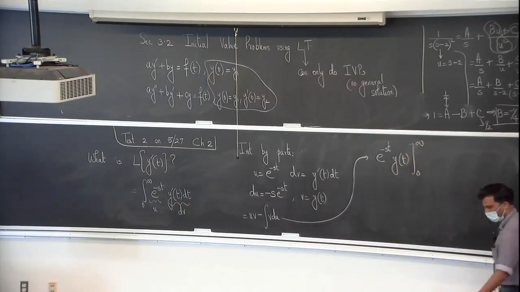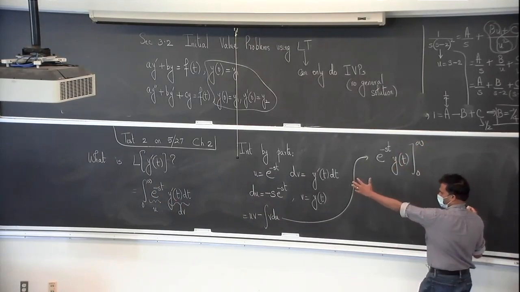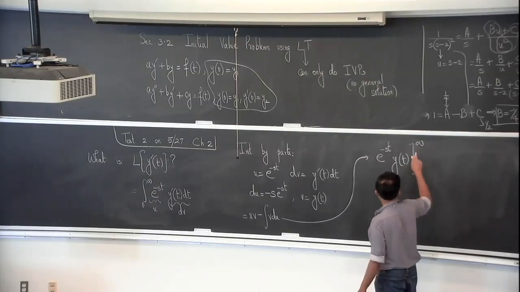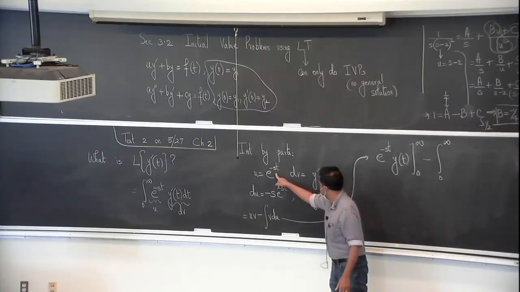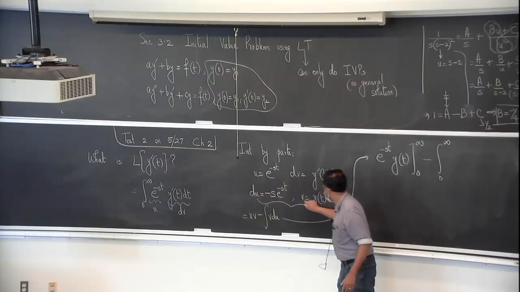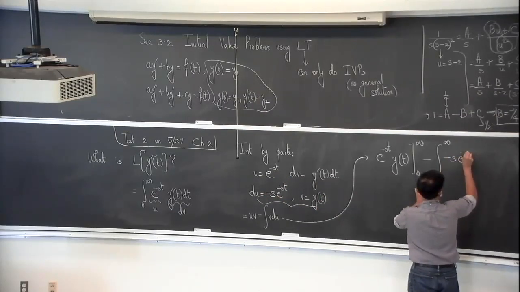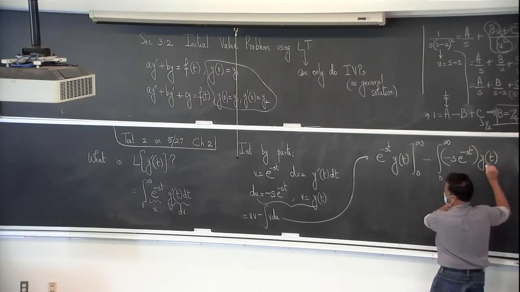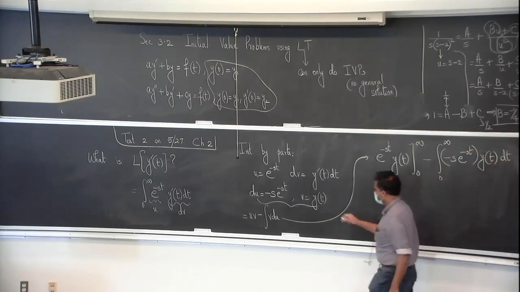Okay, I hope you will bear with me, because we're just trying to focus on the Laplace of the derivative without going into all the details. Okay. So that's your uv from 0 to infinity minus the integral from 0 to infinity of v du, which is the product of these two terms. That's going to be negative s e to the power of negative st times y of t dt. There should be a dt here.